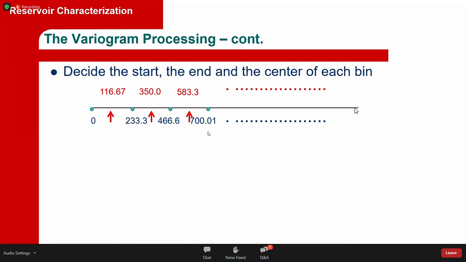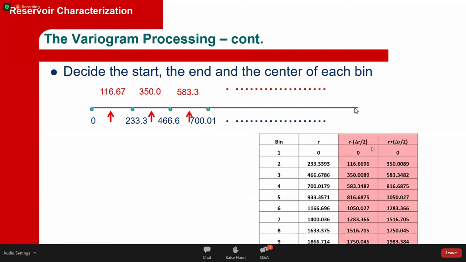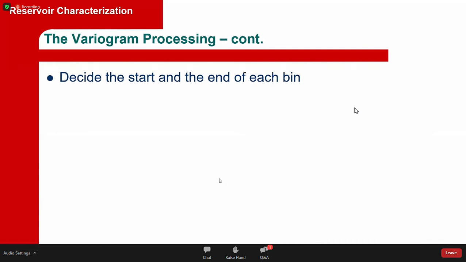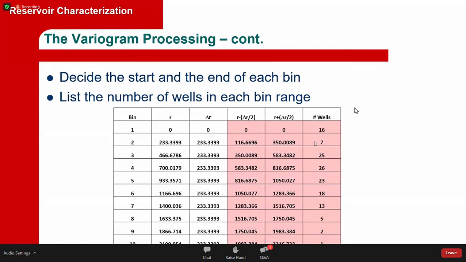You decided on the bins, and here you have each bin's minimum and maximum, and also the middle of each bin. Once you have decided on the start and the end of each bin, you look at the number of wells in each bin. The number of wells here is 16 in bin number 1, and then 7, 25, 26, 23, 18, and so on.